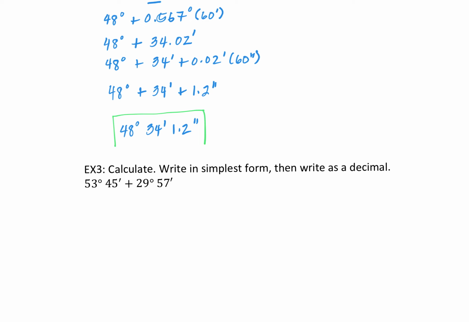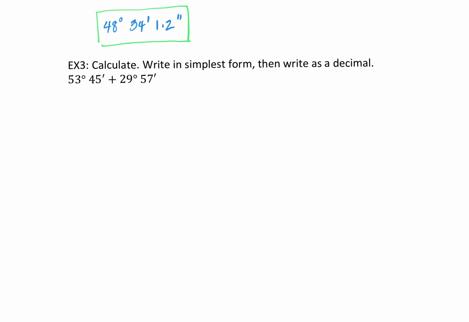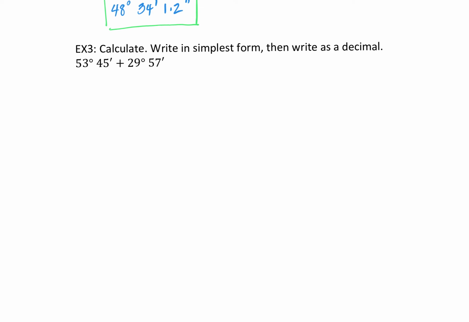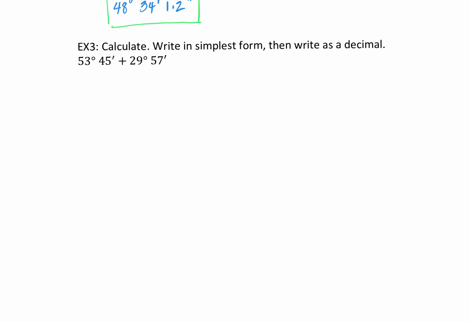So it may happen that you need to translate back and forth between degrees and minutes and seconds. You might also have to calculate using the minutes or minutes and seconds form. In example 3, we have degrees and minutes, and we're supposed to add them. We want to write the final answer as a decimal.